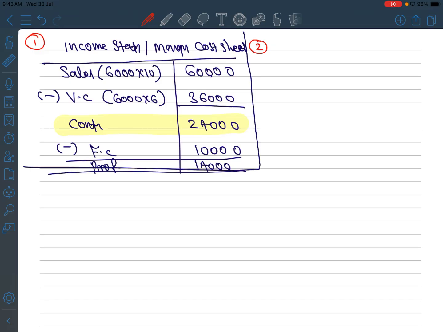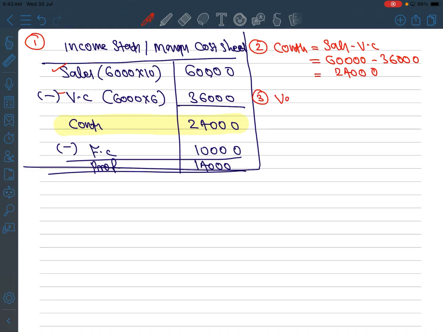Can you make an equation based on this statement? Yes, definitely. Contribution is equal to sales minus variable cost. It will come 60,000 minus 36,000, 24,000.